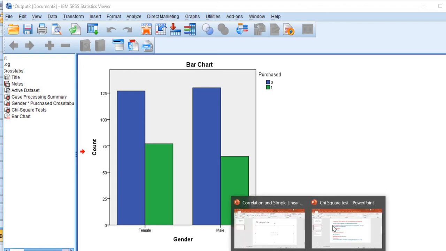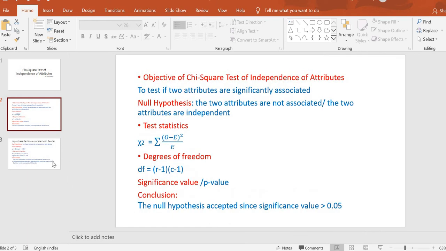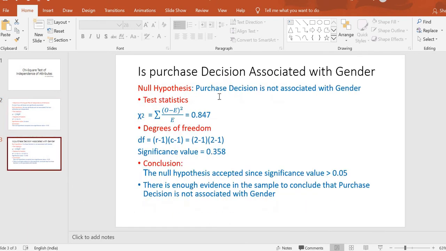Now let's see how it can be interpreted. As mentioned, the null hypothesis is that purchase decision is not associated with gender. We saw from the table that the calculated test statistic value is 0.847 and the degrees of freedom associated with the study is (R minus 1) times (C minus 1), that is number of rows minus 1 times number of columns minus 1.